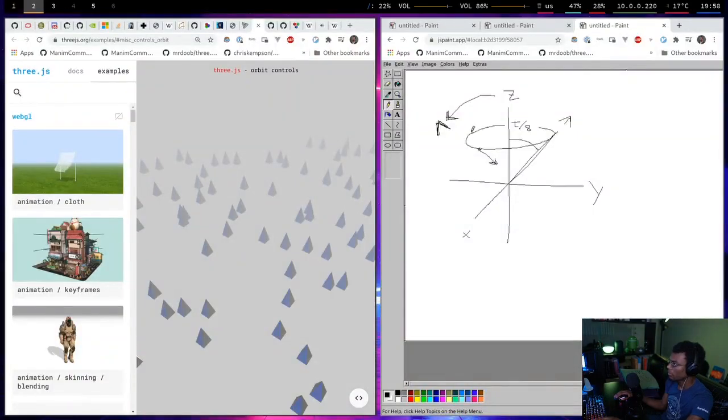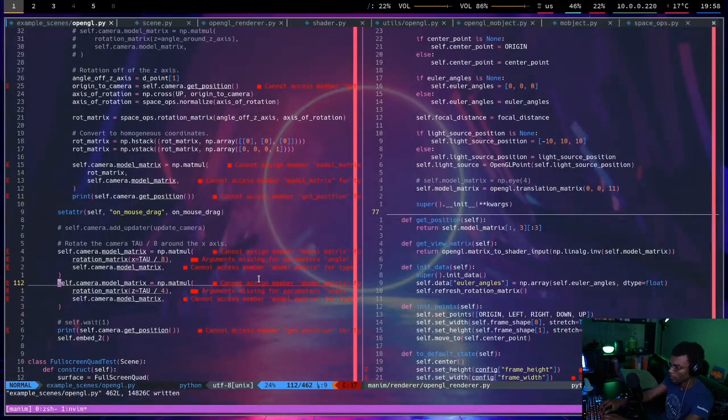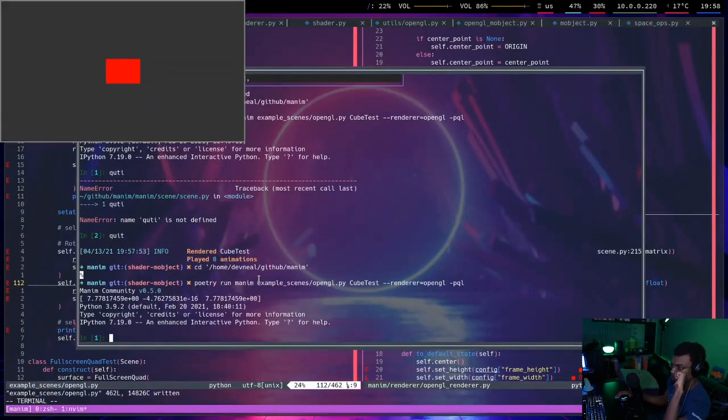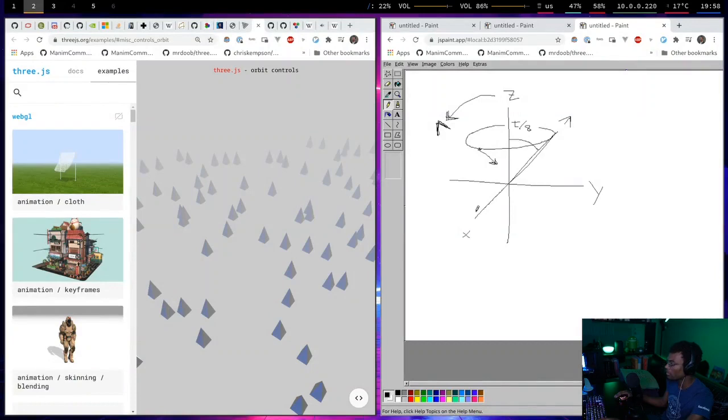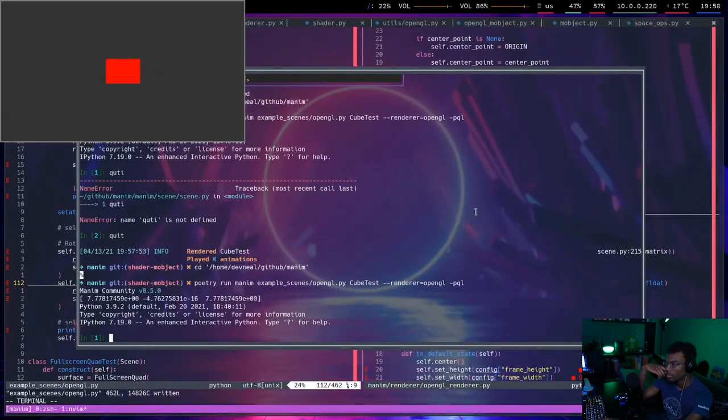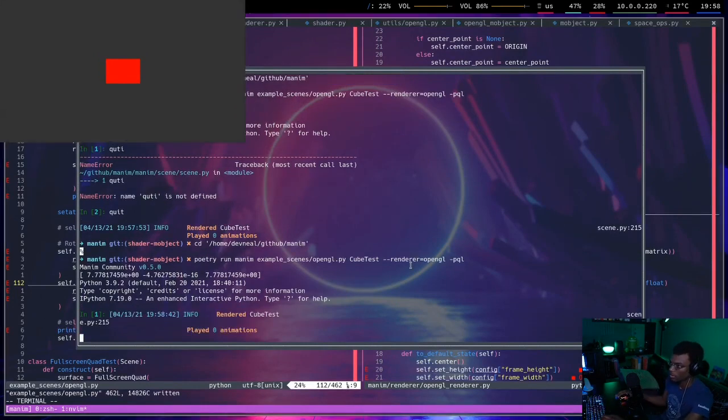So that should bring me in the xz plane with a y-coordinate of 0. So x is 7, z is also 7, and y is 0, e to the negative 16. So that's working too. If I do it twice.